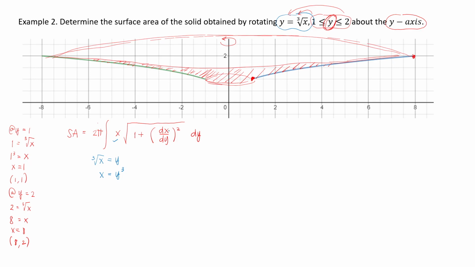So next is getting dx over dy squared. So dx over dy, getting the derivative here, is 3y squared. Getting the square of your first derivative, this would give us dx over dy squared equal to 9y to the power of 4. So this is now also complete. What's lacking in our equation is our limits of integration, so we forgot to write it, from y1 to y2.